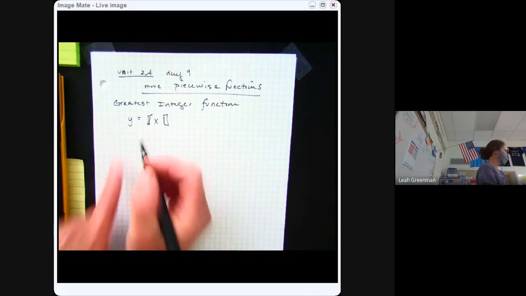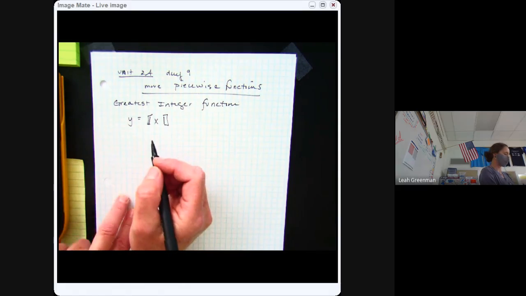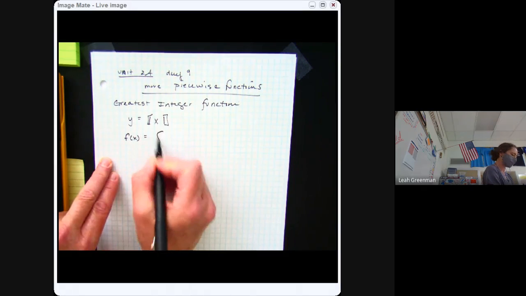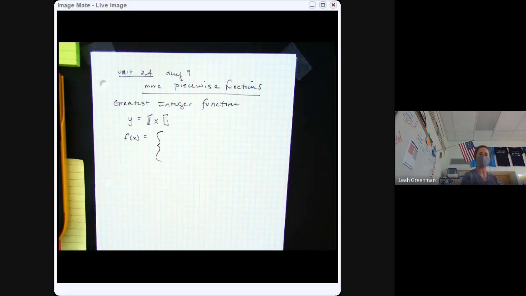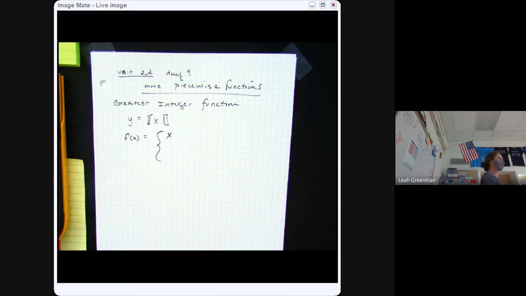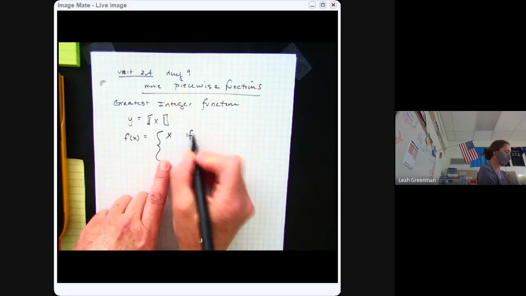All right. So the definition of the greatest integer function, if we want to say f of x is equal to, and here's the little squiggly bracket for piecewise. It's going to be equal to plain old x, right? There's the x inside. Y equals x. Now, here's the if, and this is the big if.